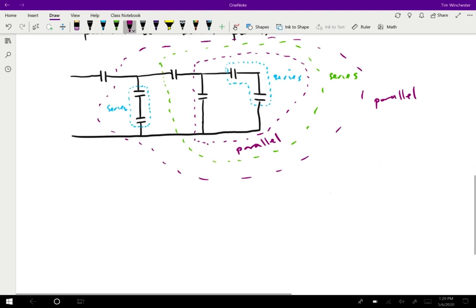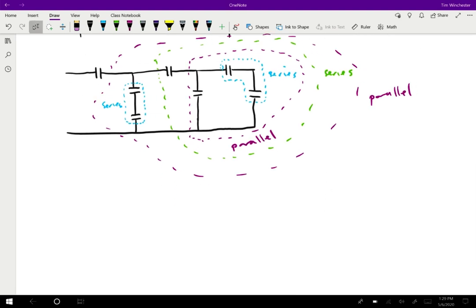One thing I would suggest is to try to practice this. Try to identify in a complicated network parts that are just in series or just in parallel. And it's really important that you are not neglecting things that are also attached.